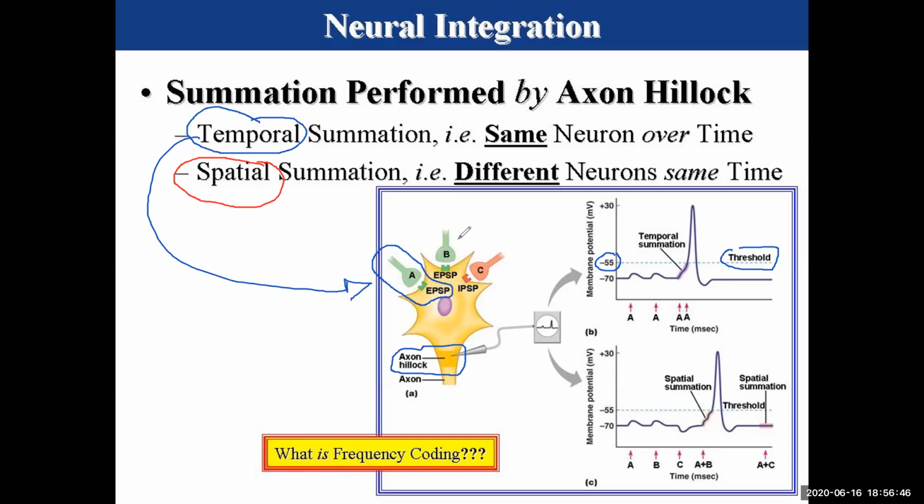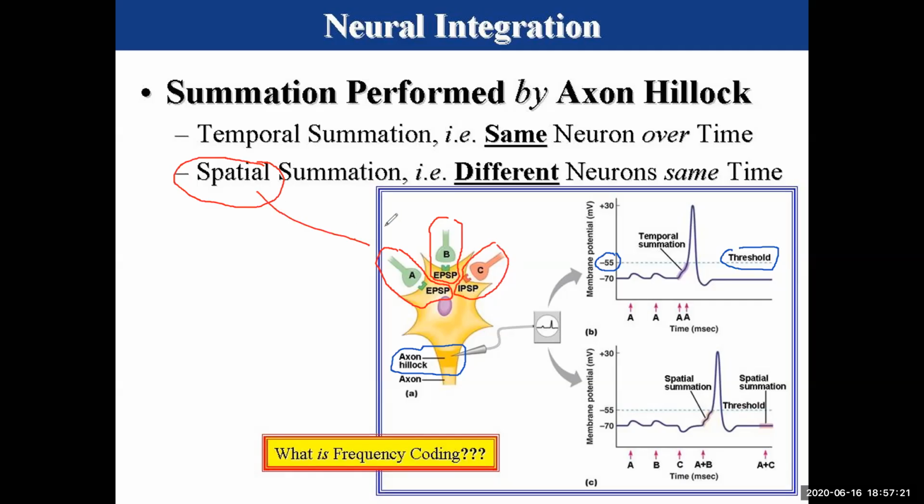Or only B over time is temporal. Only C over time is temporal. But when I say spatial, then it comes from different locations. So spatial means I'm adding the signal coming from A, an EPSP created by the signal coming from A, an EPSP created by the signal coming from B, and an IPSP created by the signal coming from neuron C. So 3 different locations, we call that spatial summation.